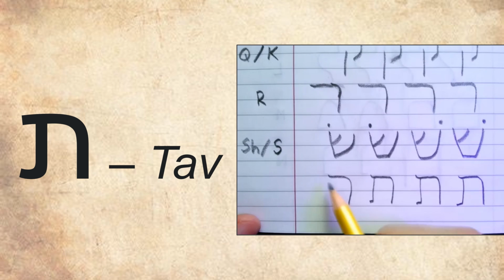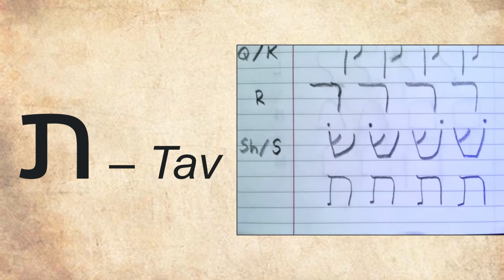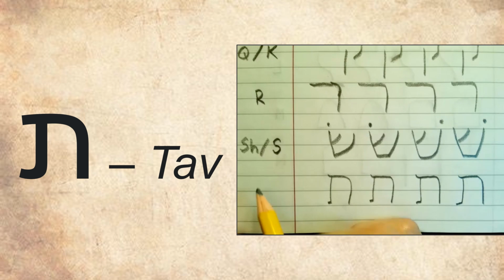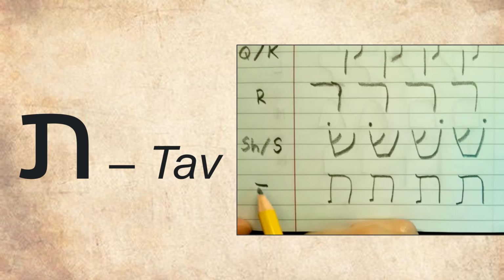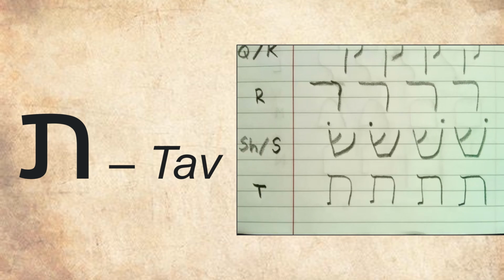I'm just going to write it one more time. And that's the letter Tav. So finally, the letter Tav makes a dental sound pronounced as t, as in the word toy. So you can use the English letter T, as we saw with the letter tet, to transliterate the letter Tav.